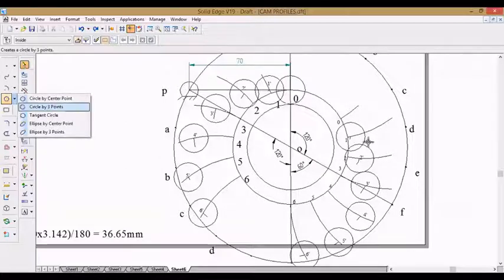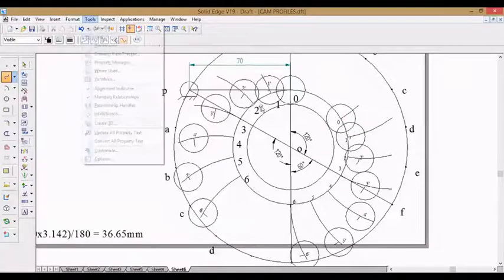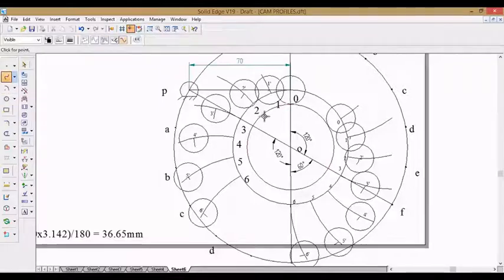Circle by center point at 0, 20 mm diameter. So this is one. Simply join like a tangent to the circles.